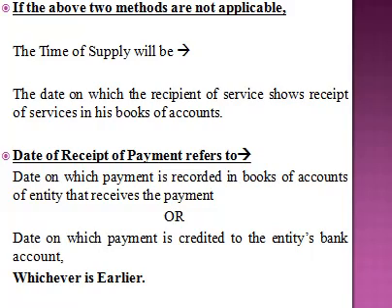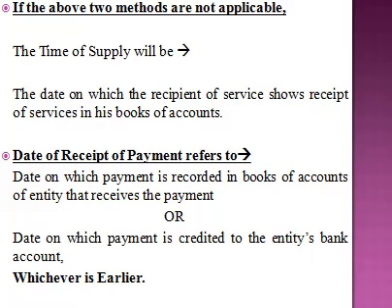The date of receipt of payment denotes the date on which payment is recorded in the books of accounts of the entity that receives the payment, or the date on which payment is credited to the entity's bank account, whichever is earlier. Suppose a part of the consideration is paid in advance or an invoice is issued for part payment, then the time of supply will not cover the full supply.